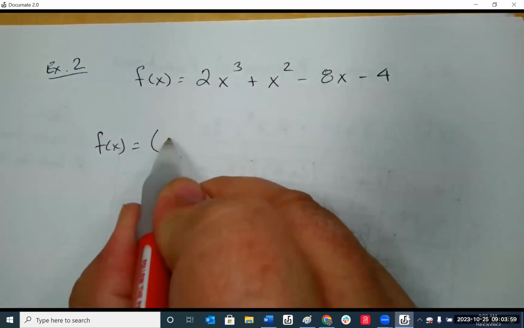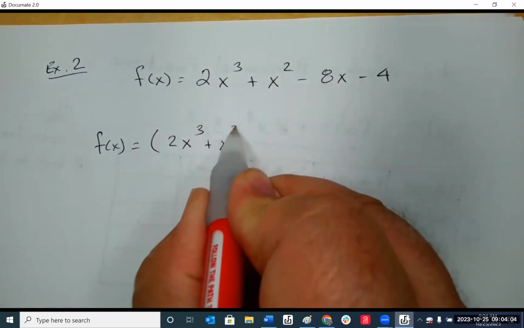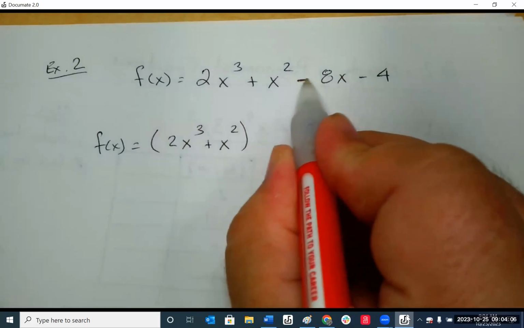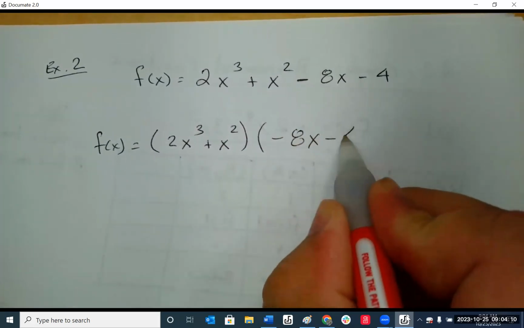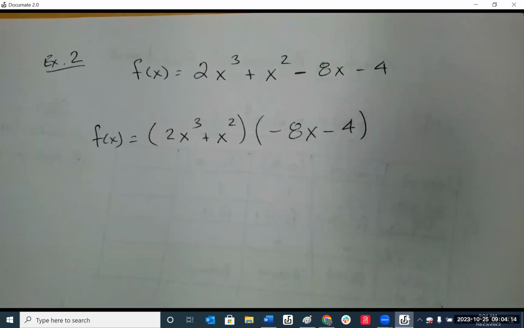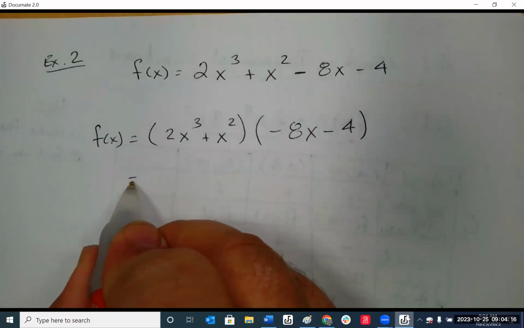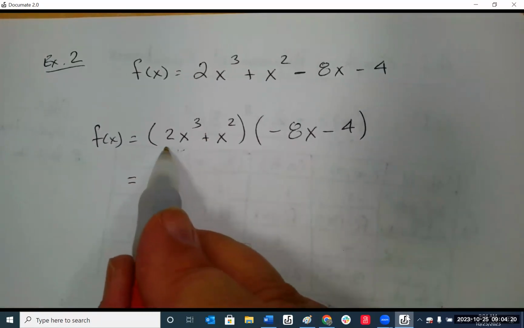So take the first 2 terms, put them inside the parentheses. Since the middle term is negative, we have to include it in the parenthesis. Factor both of those out. What does the first one have in common?